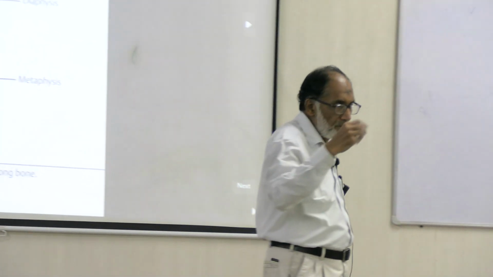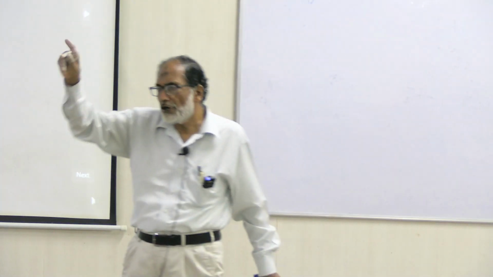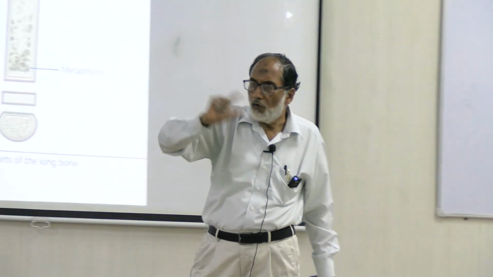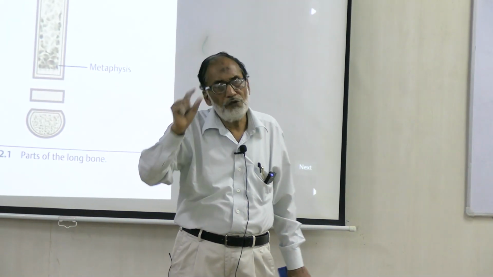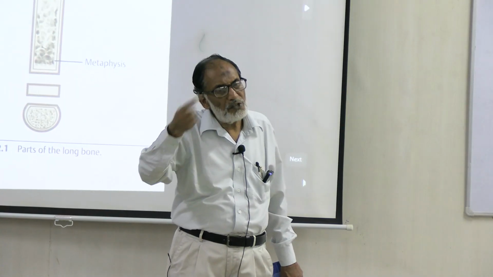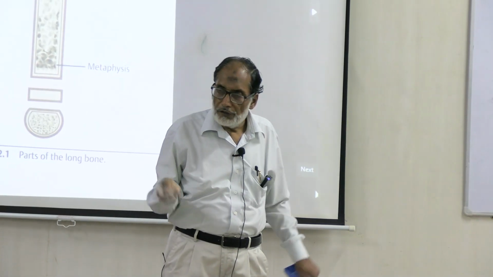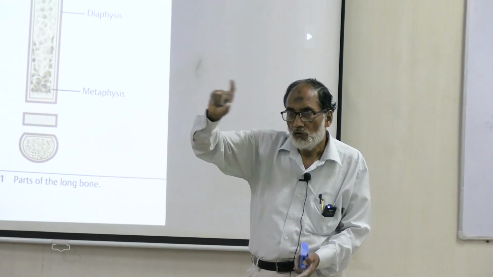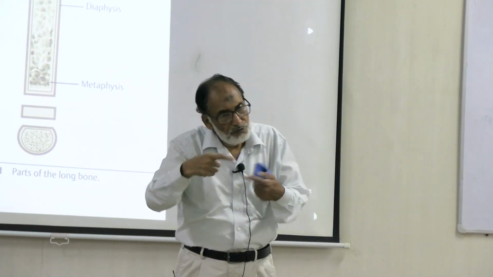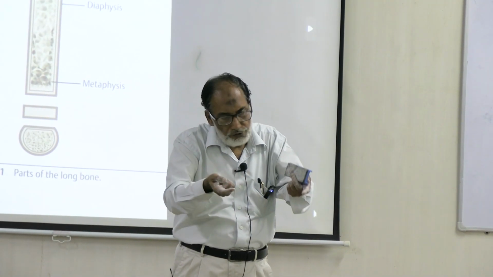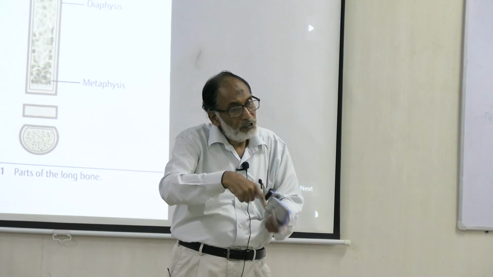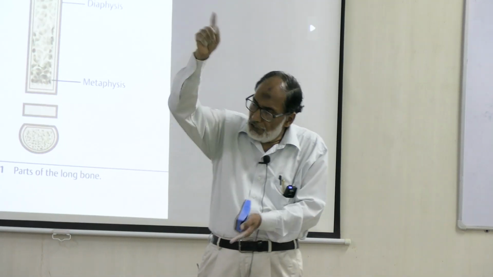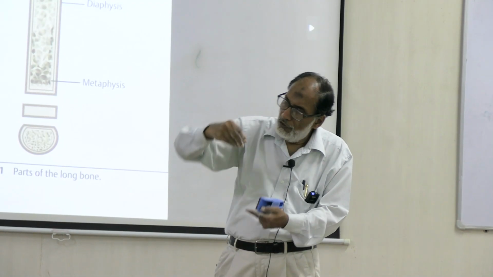Now, at about puberty, this whole cartilage will be replaced by bone. That means linear growth is stopped. When cartilage becomes bone, the linear growth of the bone has stopped.